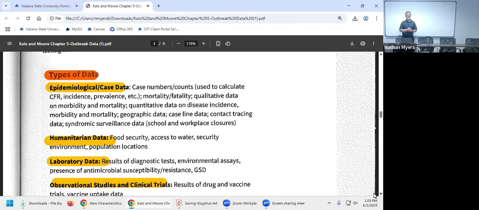And then syndromic surveillance data, which can include, as noted there, things like school and workplace closures. If infections rise to the point in a particular community where schools are having to close down because so many kids and faculty and staff are out of school, or workplaces are having to shut down, that could be indicative of a major outbreak.